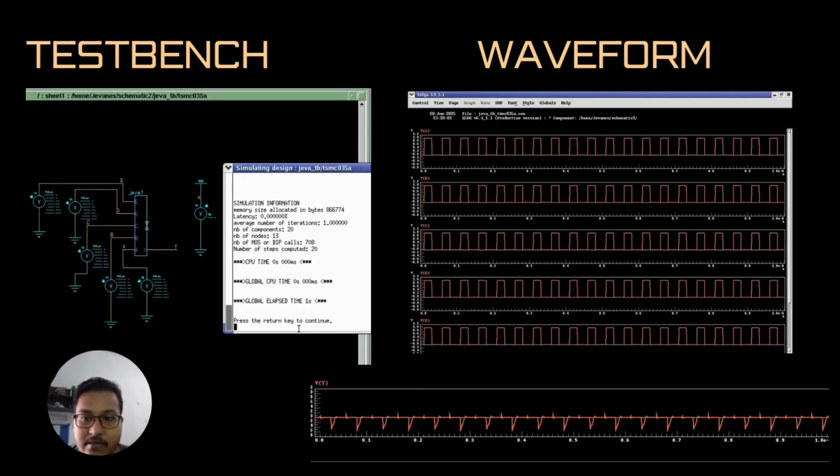In this test bench, we connected pulse signals to each input, and also connected a DC supply. After that, we generate the waveform.